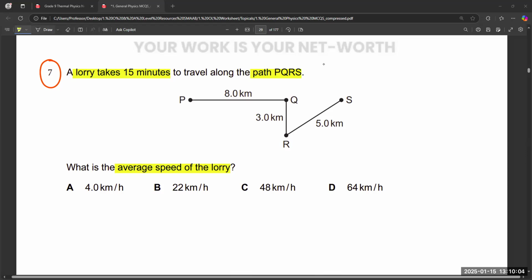The formula of speed is equal to distance upon time. So first of all, you need to find the total distance. Average speed means overall speed. And you also need the total time. So what is the total distance covered by the body?